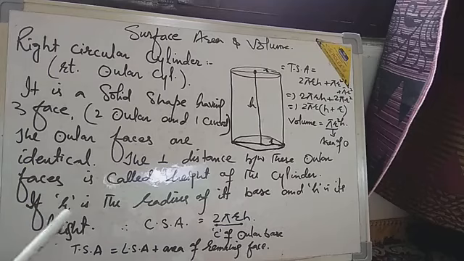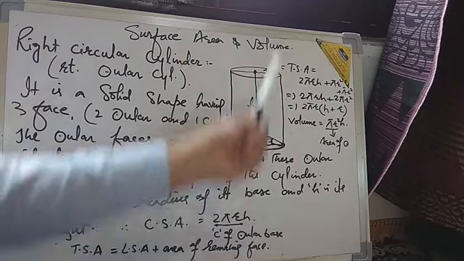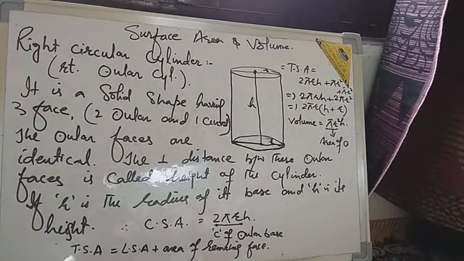If r is the radius of its base and h is its height, then the curved surface area is equal to 2 pi r h, where 2 pi r means the circumference of the circular base multiplied by its height. Total surface area means lateral surface area plus area of remaining faces.